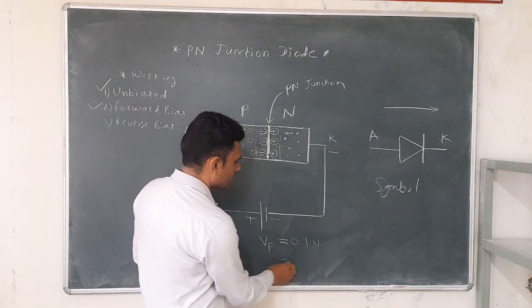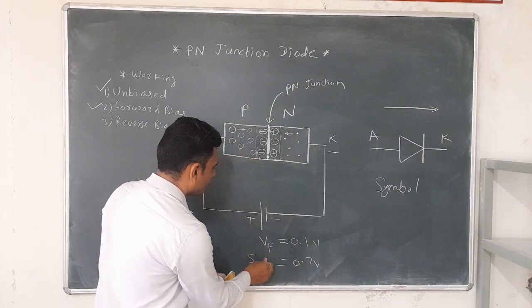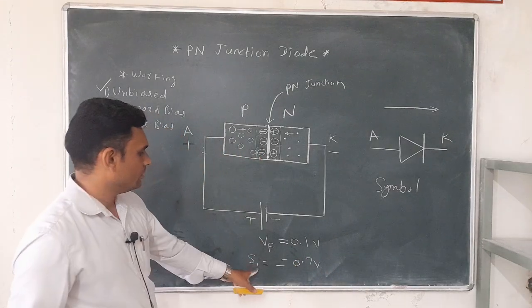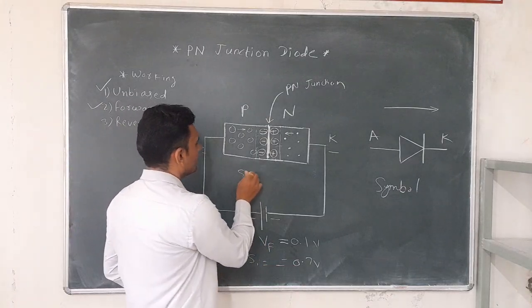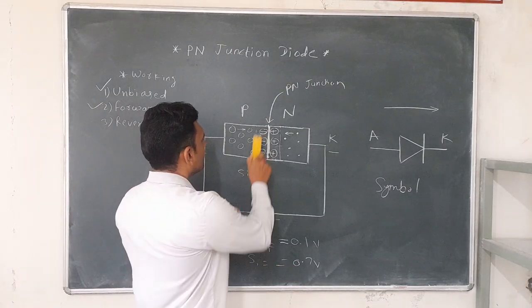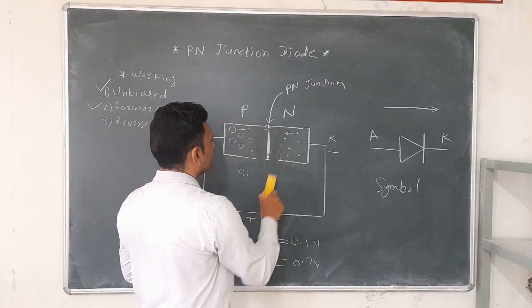When this forward voltage is equal to 0.7 volt for silicon type of diode, this depletion region is completely removed.